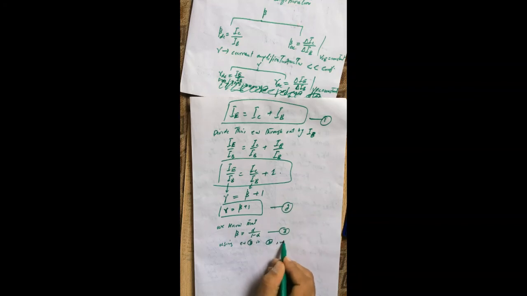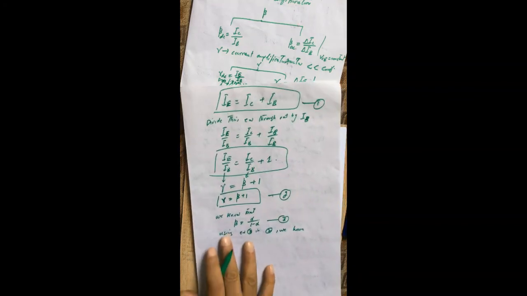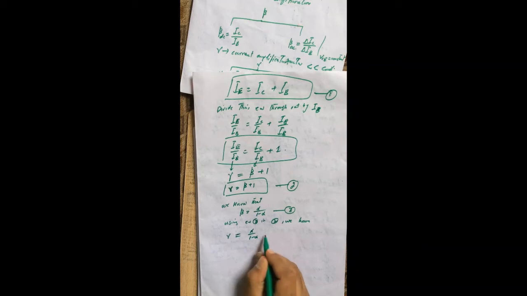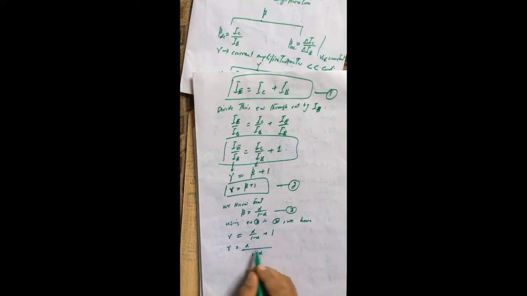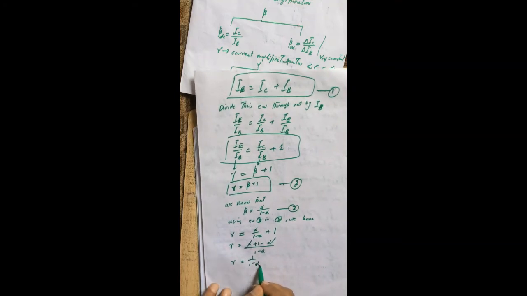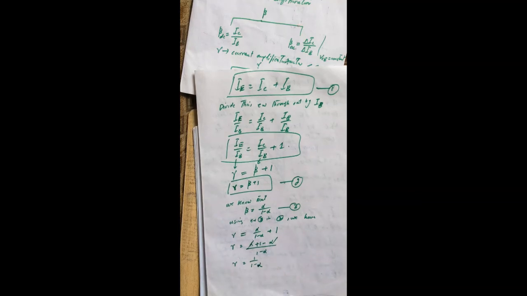If I put equation number 3 in 2, we have gamma is equal to beta plus 1, which is alpha over 1 minus alpha plus 1. So taking 1 minus alpha as LCM, I have alpha plus 1 minus alpha, so alpha cancels with alpha. So gamma is equal to 1 over 1 minus alpha. This is equation number 4, let's say.